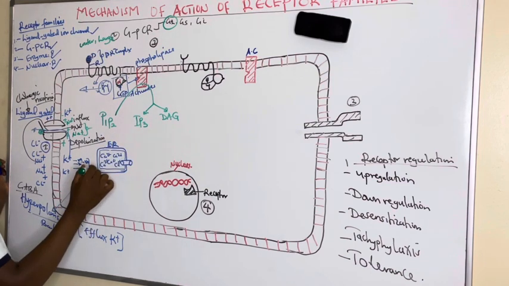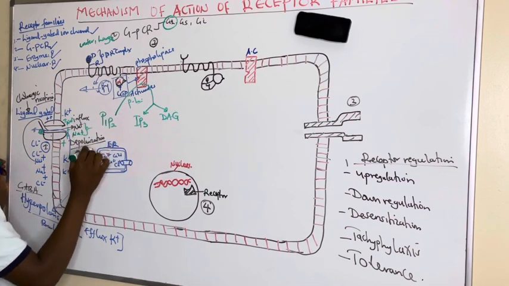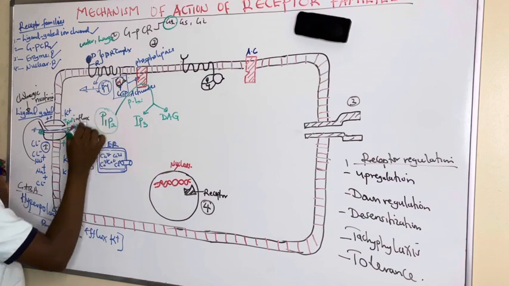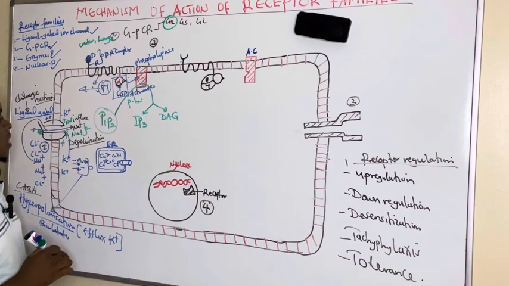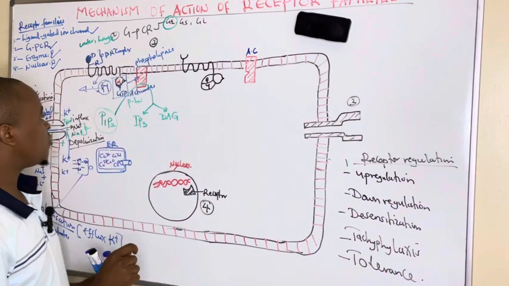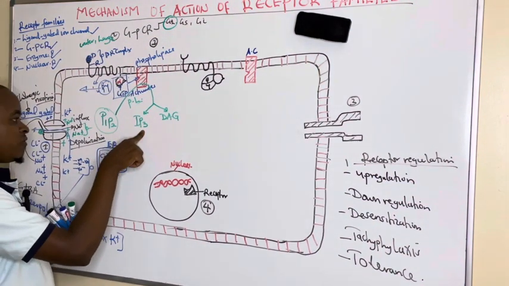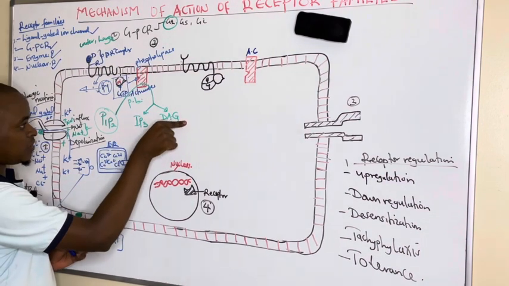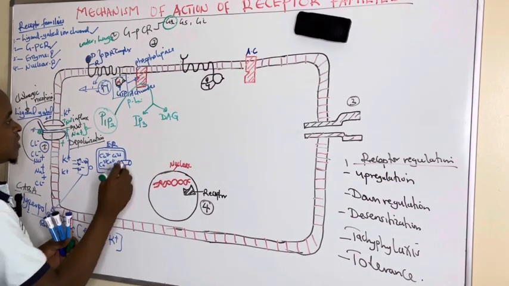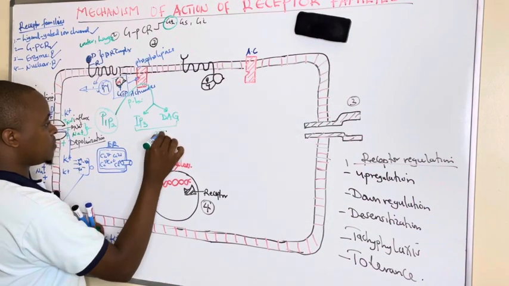So phospholipase is the one that catalyzes the conversion of phosphatidyl inositol 4,5 bisphosphate to form inositol 1,4,5 triphosphate and diacylglycerol. And we have said these two act as second messengers.